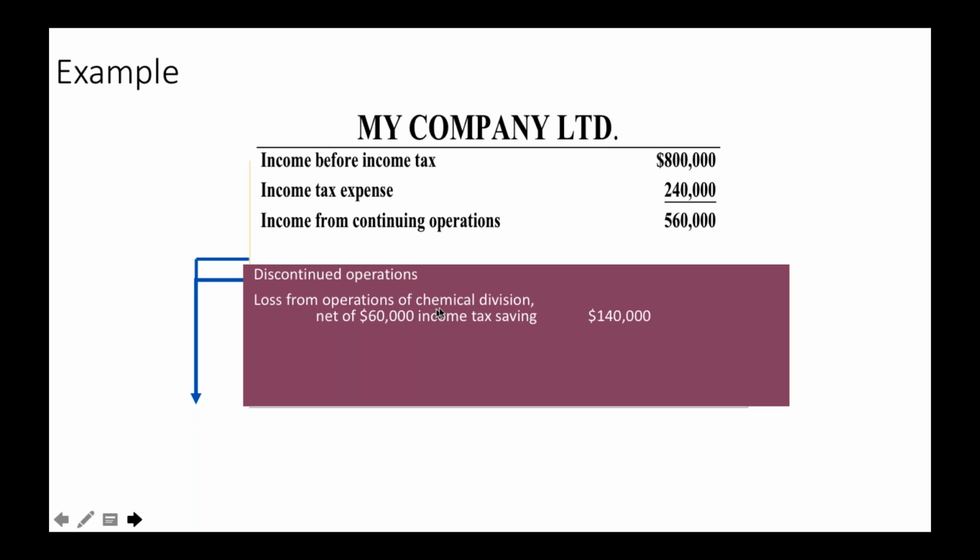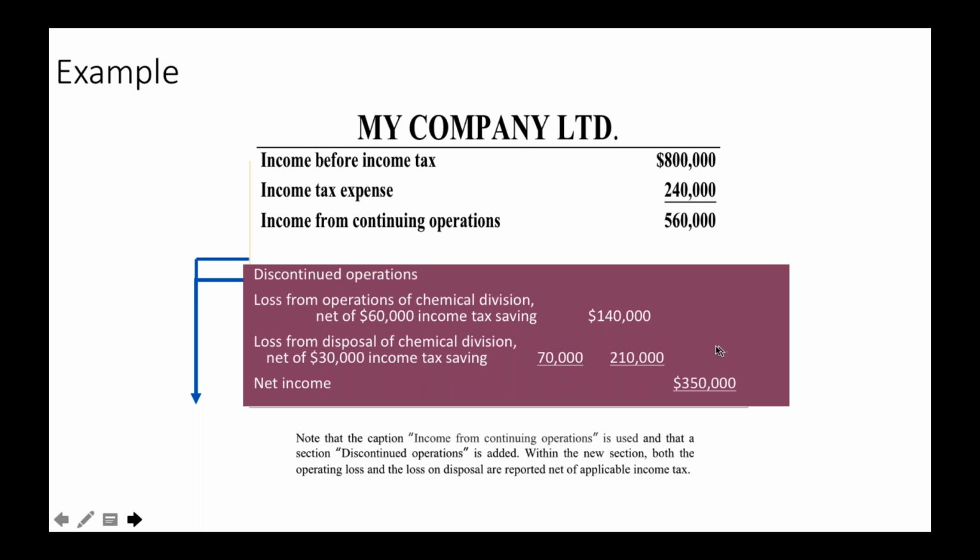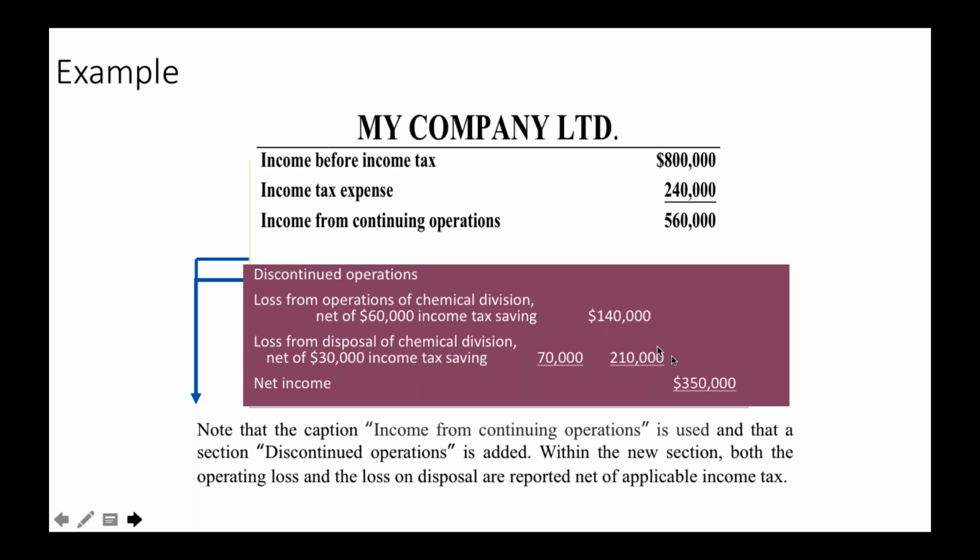Like one of the divisions is discontinued, on which you have a tax saving amount of say 140,000. Then the disposal of chemical division, you have 70,000. The total is 210,000 plus 140, 350,000. So 560,000 is not net income now. It is income from continuing operations.